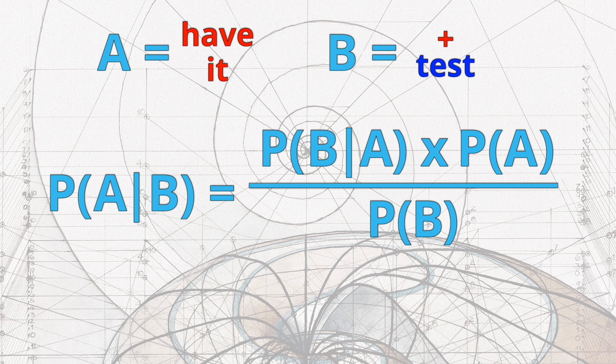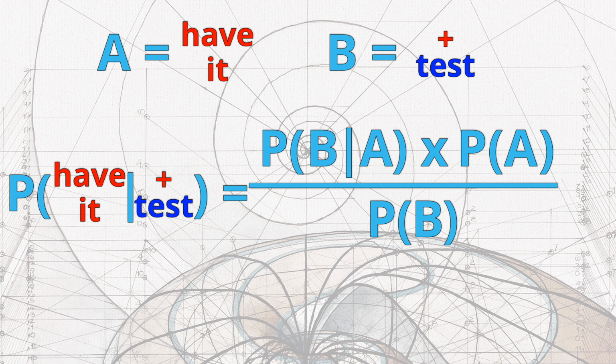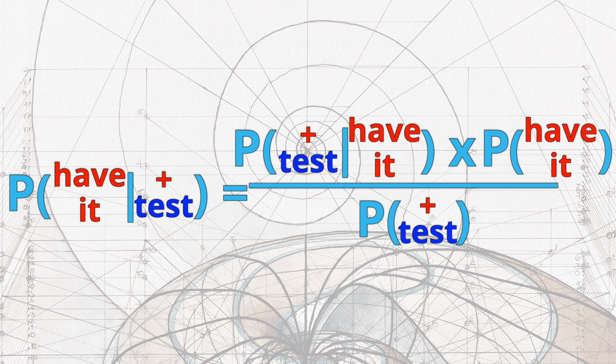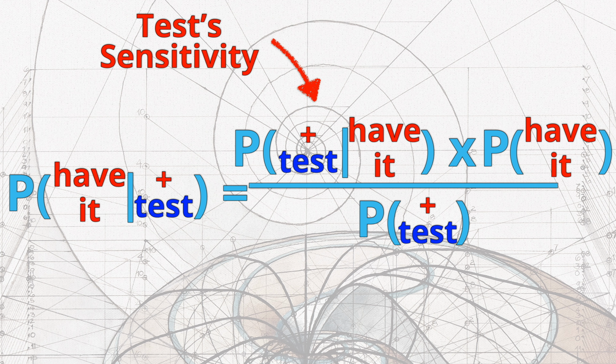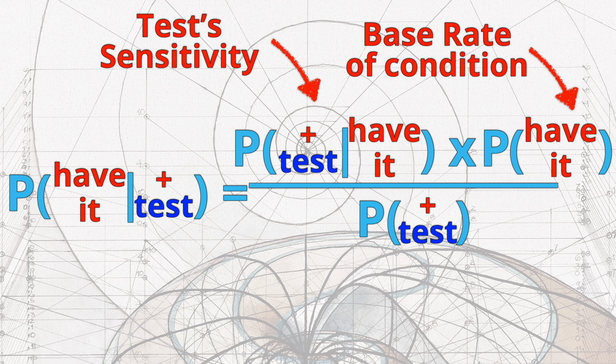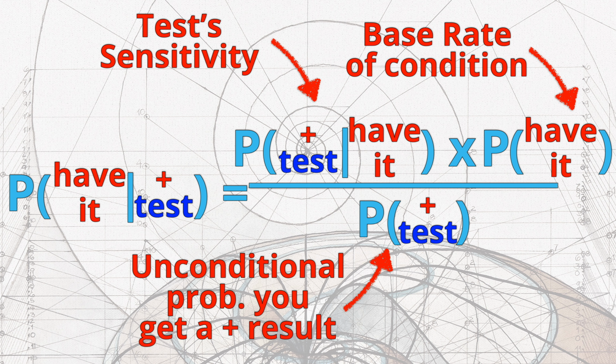So we're going to find the probability that you have the condition given that you tested positive for it, which equals the conditional probability of getting a positive result given that you have the condition. This, remember, is the test sensitivity, times the general probability of you or anyone else having the condition. This is the base rate, all divided by the general probability of getting a positive test result, whether a person has the condition or not.